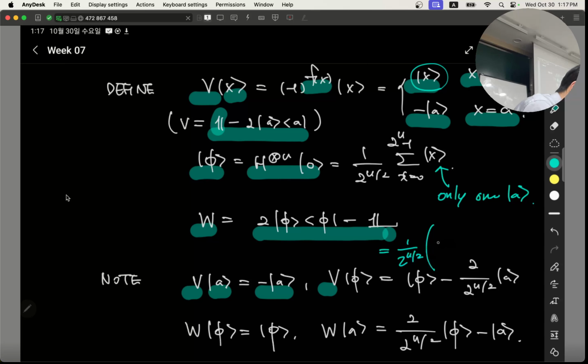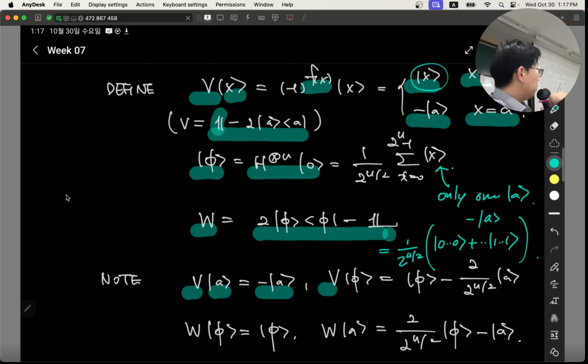So you get all the states from 0 to 2 to the n minus 1, except for A. And what happened to A? A becomes minus A here, right?